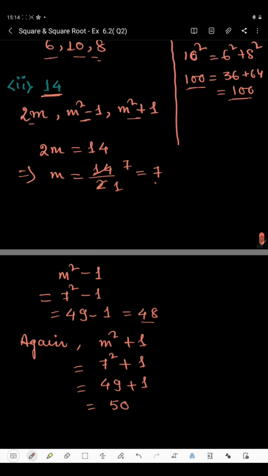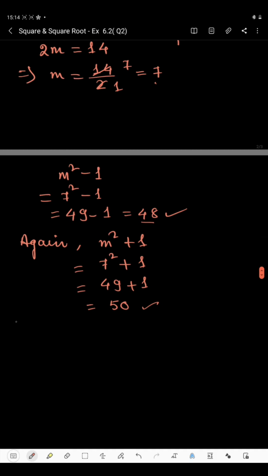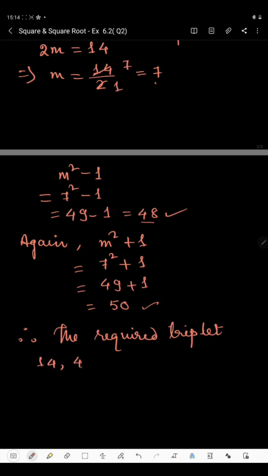So the three members of the Pythagorean triplet are, one is given which is 14, the second member is 48 and the third member is 50. So the required triplet is 14, which is given in the question, then 48 and the third member is 50.